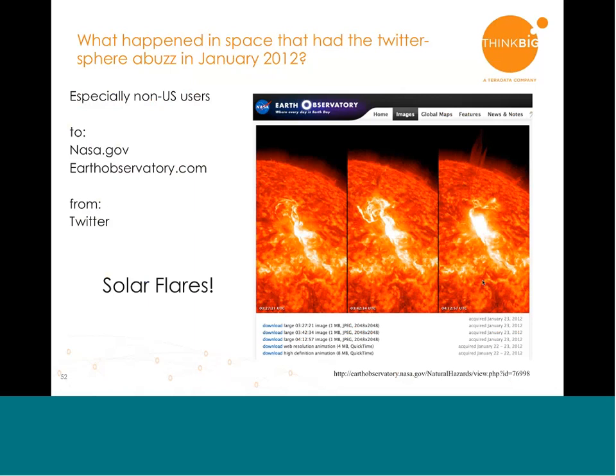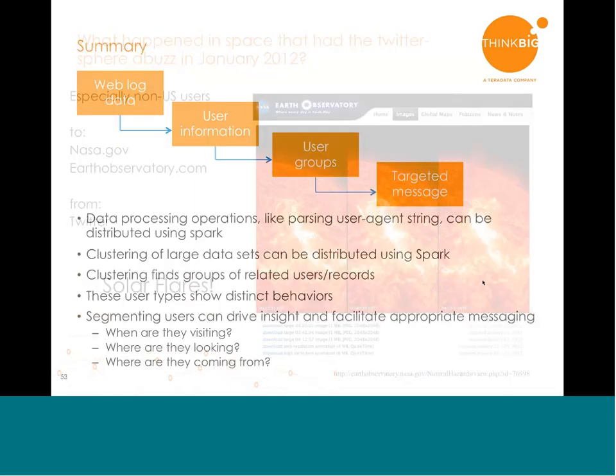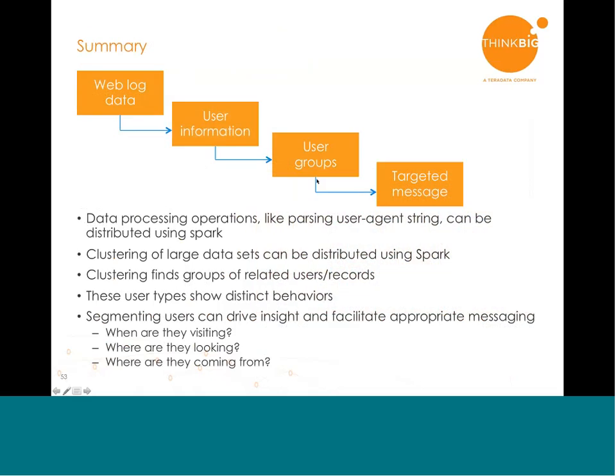So to summarize what I've talked about today, I've shown you how you can take weblog data, pull out user information by doing parsing, cluster this information into groups using Spark by applying K-modes clustering, and deliver a targeted message to each of those groups.